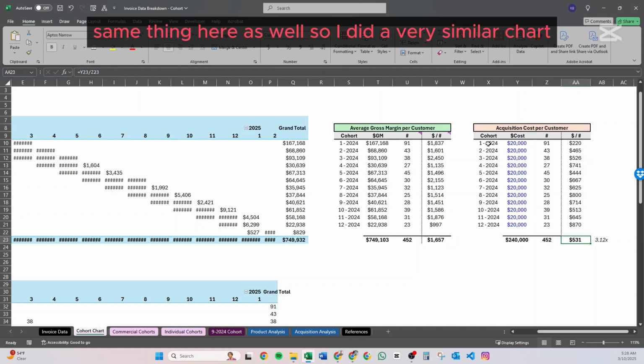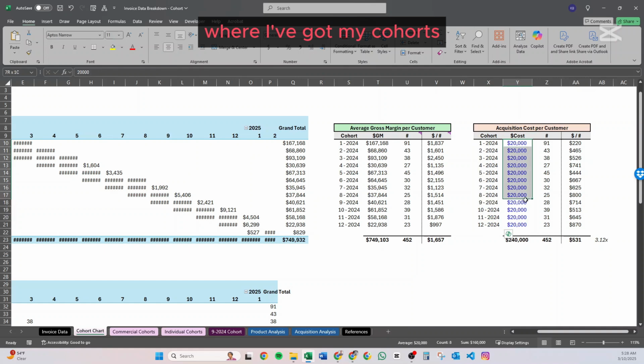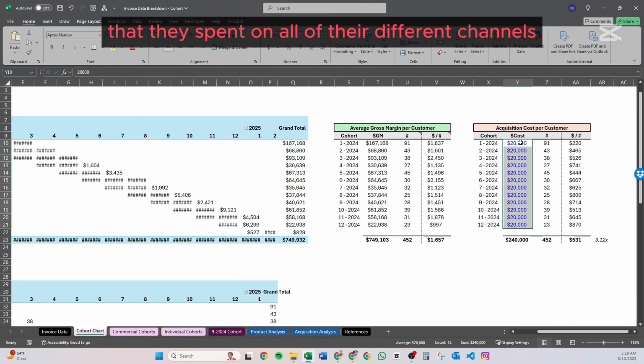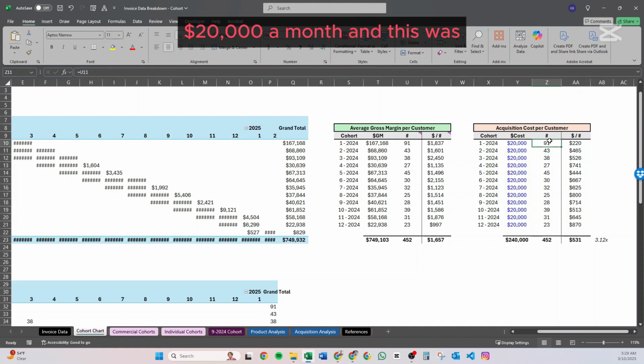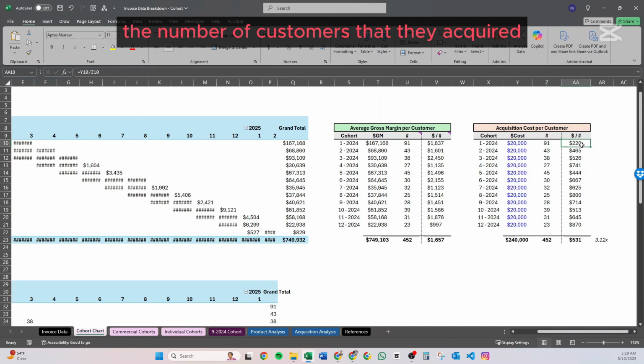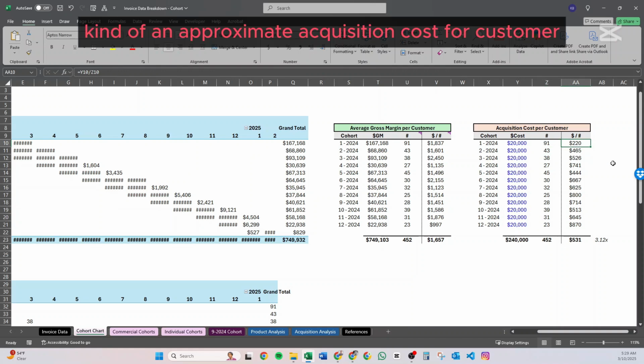So I did a very similar chart where I've got my cohorts. Let's just say this is an arbitrary number. I'm saying that they spent on all of their different channels $20,000 a month, and that this was the number of customers that they acquired. And so here you can see an approximate acquisition cost per customer.